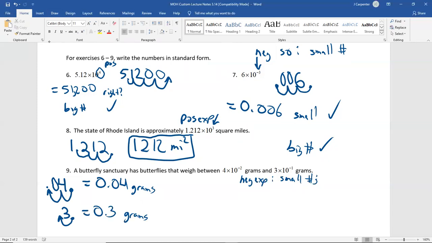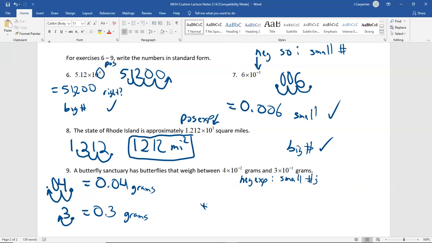Remember, if you just write 0.3, it's still correct. And that's it. So our butterflies weigh between 0.04 grams, which is a very small amount of weight, and 0.3 grams, which is also a very small amount of weight, but almost 10 times as much as the other. This is like saying you've got dogs that range from 4 pounds to 30 pounds, basically.